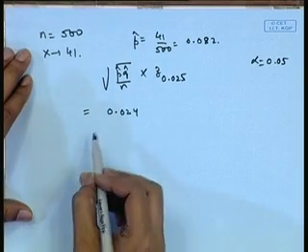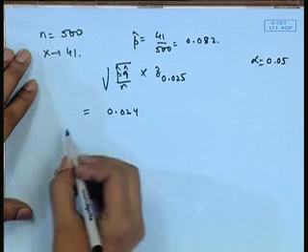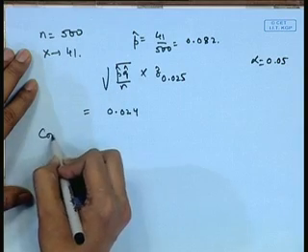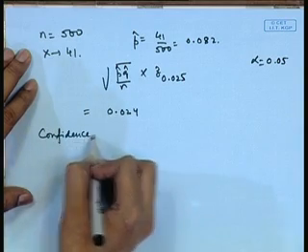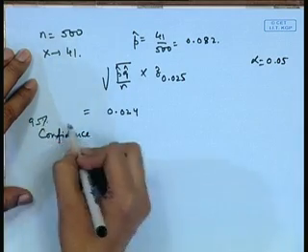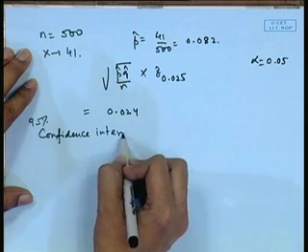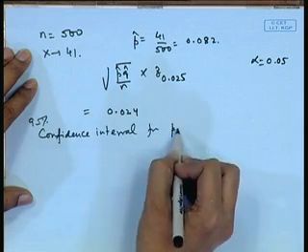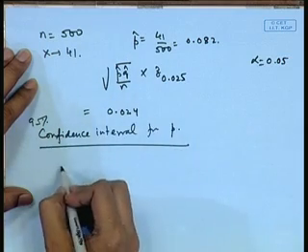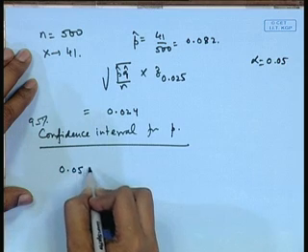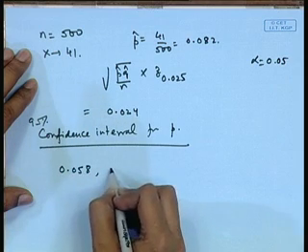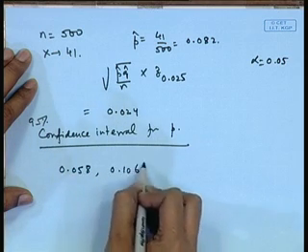So, if we are considering here the 95% confidence interval for p, then that will be equal to 0.058 to 0.106.